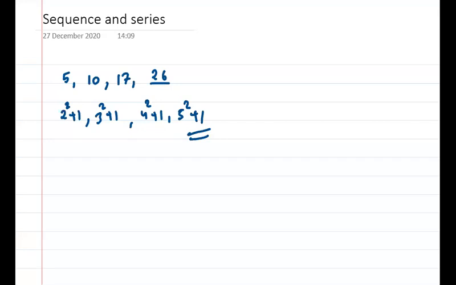So I can say, okay, sequence is basically a group of numbers. It is intuition only. You have to solve problems. You have to think what can be.